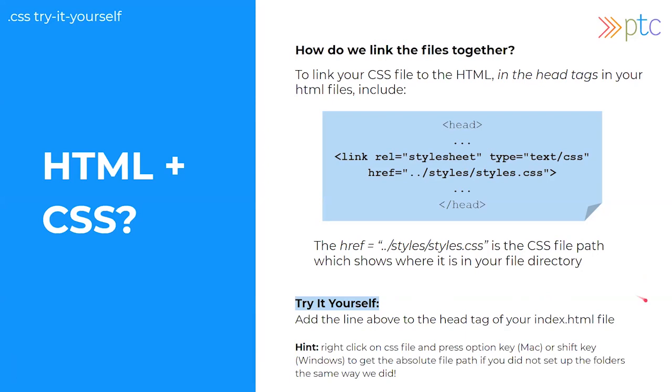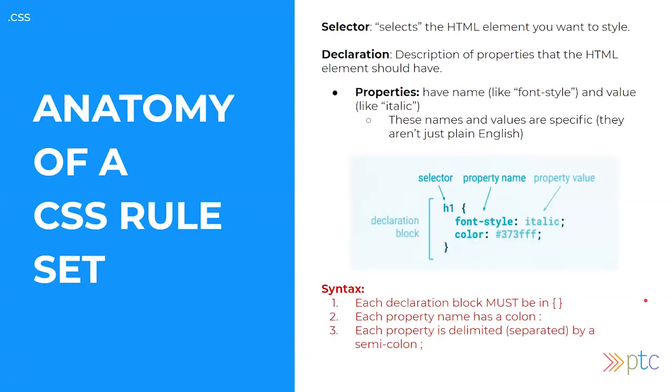So next up, we're going to be looking into CSS rule sets. CSS code is written with rule sets, which have basically two parts to them, a selector and a declaration. A selector selects the HTML element that you want to style. To use the simplest form of a CSS selector, you write the name of the HTML element you want to style.